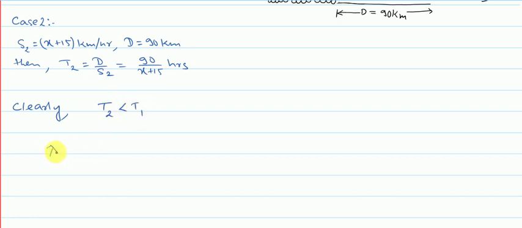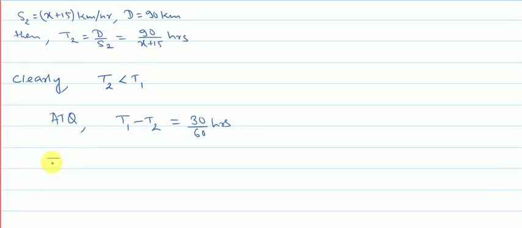So according to the question, how much less is this t2? So t1 minus t2 is 30 minutes less. That means since t1 and t2 are in hours, instead of 30 minutes we'll write in hours. That means 30 by 60 hours, which is half. Okay, so now substitute the values.